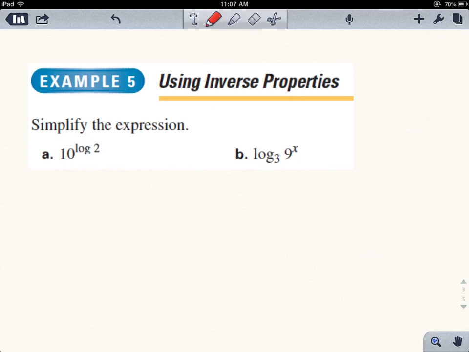Okay, inverse properties. Anytime you have a logarithm in the exponent, and the base is the same as the base of the logarithm, so we have base 10 to the log of 2. Remember, log of 2 has a base 10, so anytime the bases match like that, your answer is just 2.